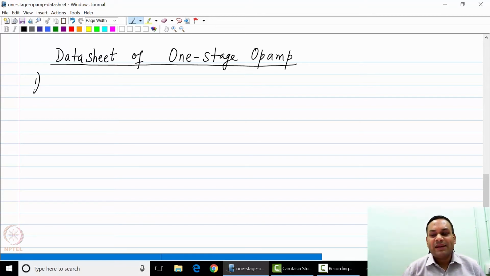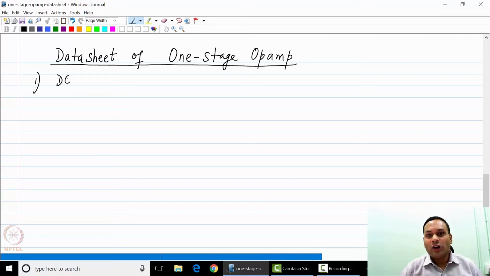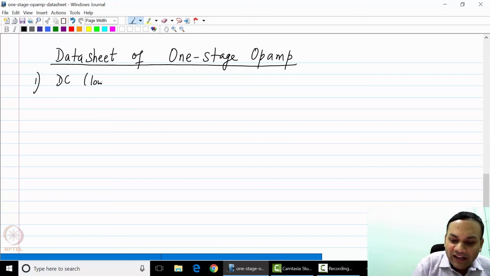So the first important parameter of the op amp is going to be its DC gain. When I say DC gain, I do not necessarily mean DC signals applied, I mean low frequency gain.